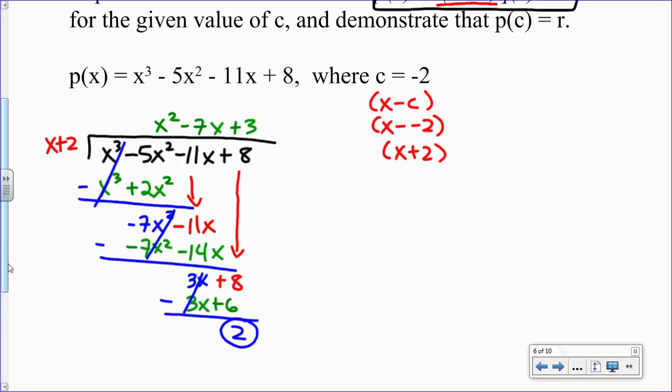You should have gotten x squared minus 7x plus 3 with a remainder of 2. Questions about that? Did not get that.